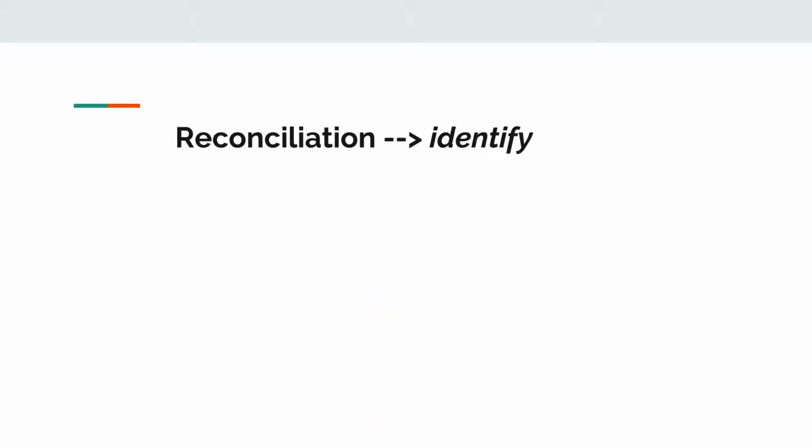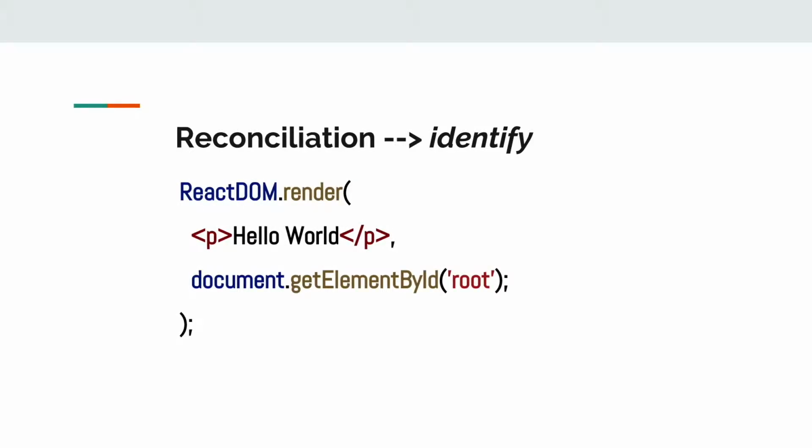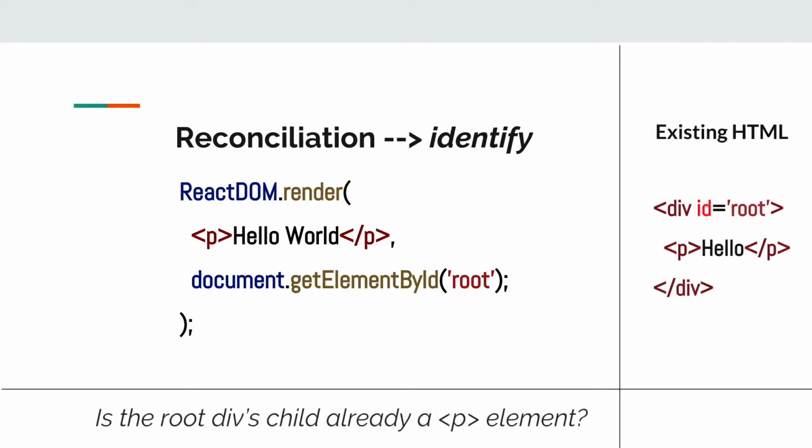First, it has to identify whether or not the targeted node can be updated. So in the second ReactDOM.render, where we want to create a paragraph element with the text of hello world within the root div, first React checks through reconciliation: is the root div's child already a paragraph element? In this case, the answer is yes.